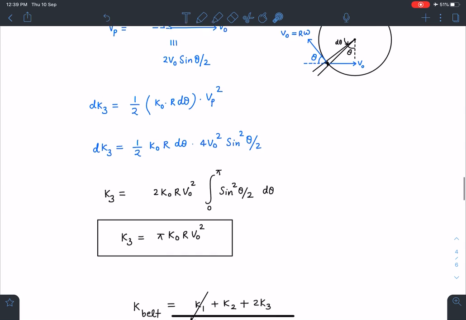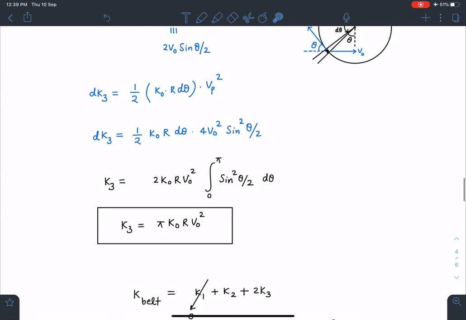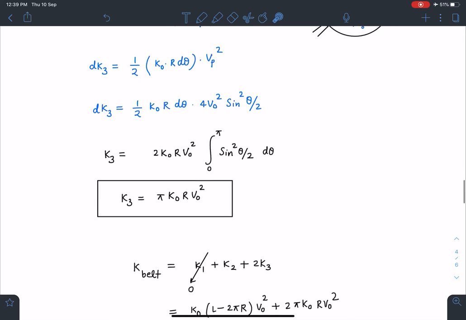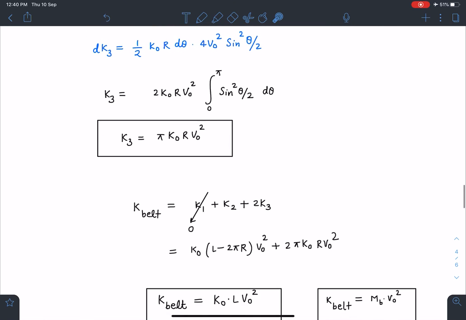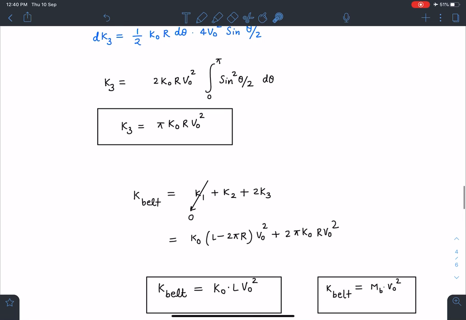Now I can write the total kinetic energy of the belt as K1 plus K2 plus 2K3. K1 is the lower part, K2 is this part, and K3 is the bend part here. When I substitute these values and check, I get a very interesting result: the r gets cancelled. The kinetic energy of the belt does not depend on the radius of the roller at all.